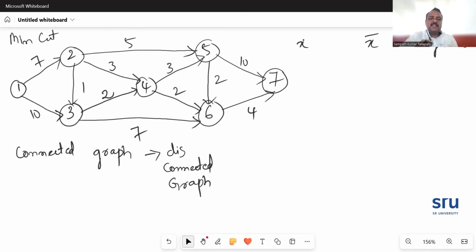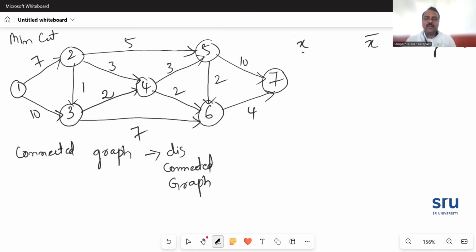The vertices of the first part will be in X, and the vertices of the other part of my graph will be in X bar. Now you are able to understand what is X and what is X bar. And the edge set is going to contain the edges which are to be taken out to make it a disconnected graph.